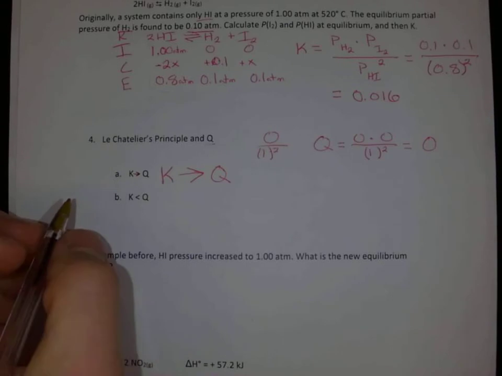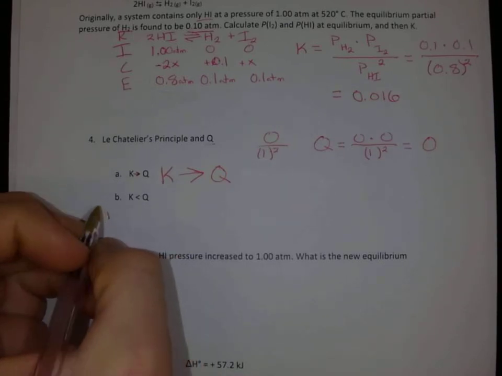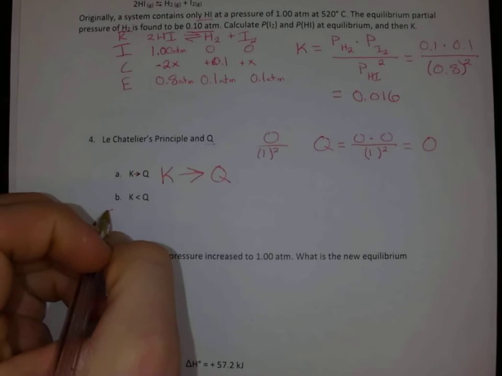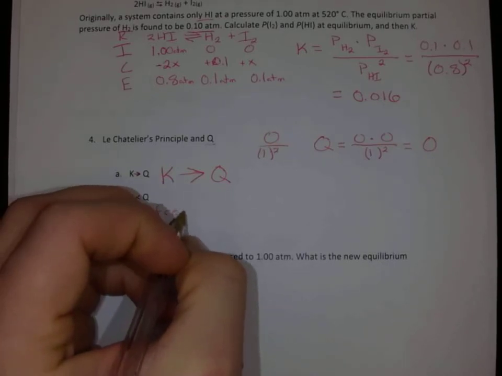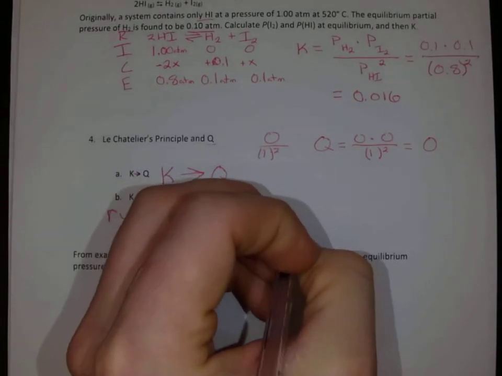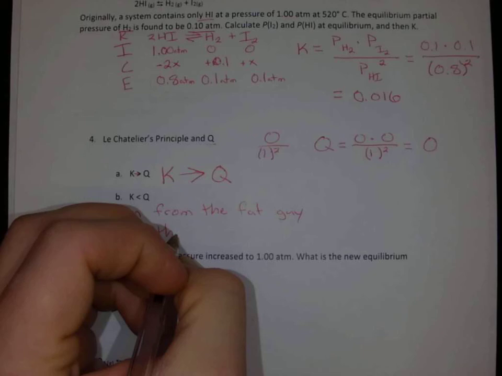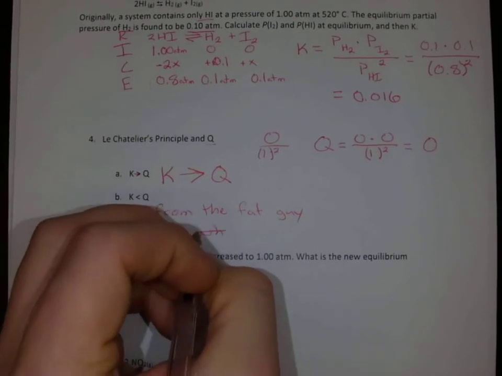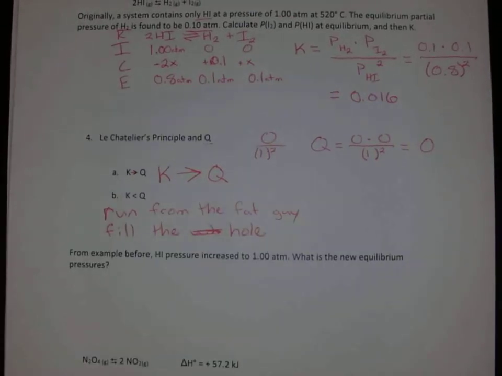A way for us to remember what actually happens is to run from the fat guy, or we fill the hole. Whoops, wrong hole there. Fill the hole.